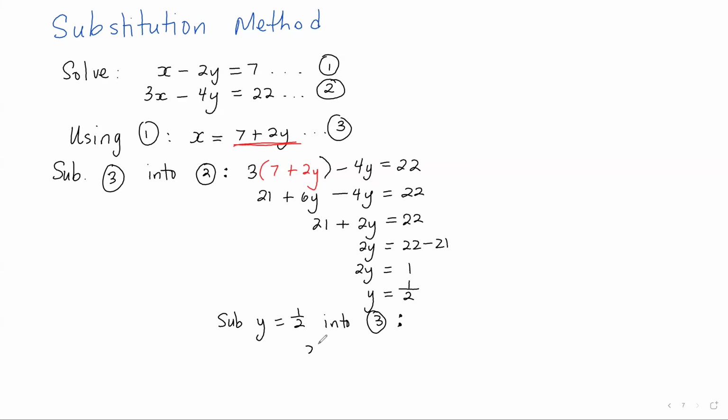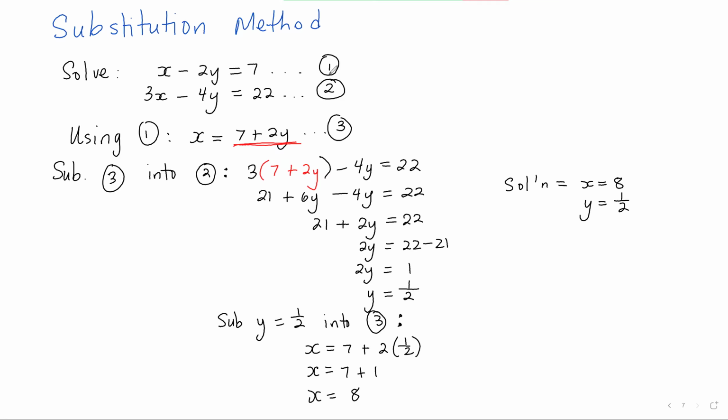So x is equal to 7 plus 2 times a half, since y is a half. 2 times a half is 1, so x is equal to 8. My solution to this pair of simultaneous equations is x is equal to 8 when y is equal to a half.